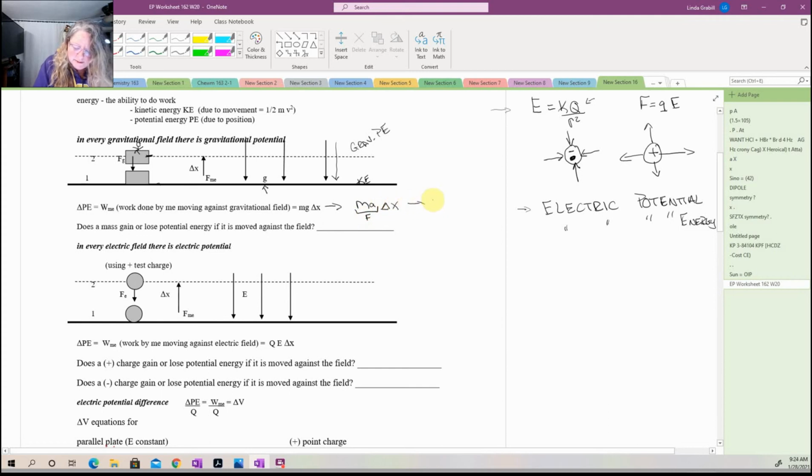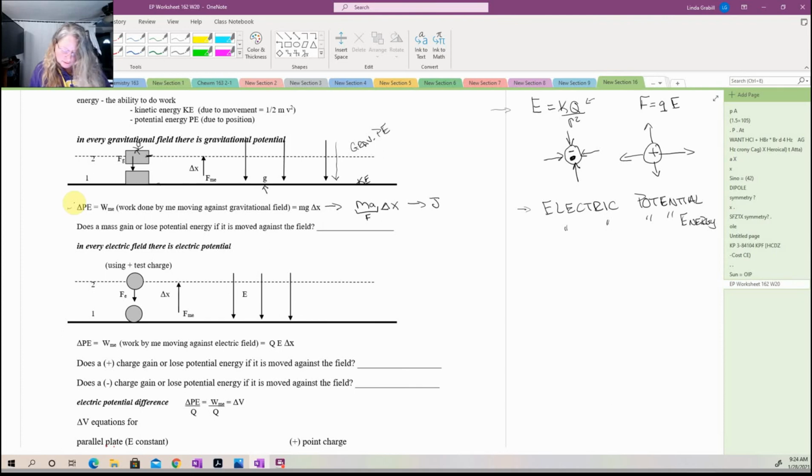And we defined those units then to be joules. So force times a distance, the work done on you by gravity, the force of gravity, would give you this energy. And so if I move against a gravitational field, I am gaining gravitational potential energy. If I move with a gravitational field, I am losing gravitational potential energy.